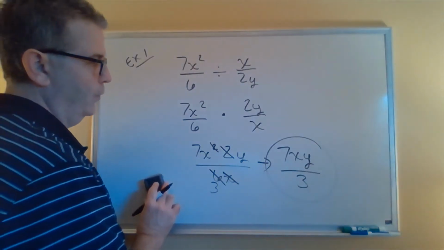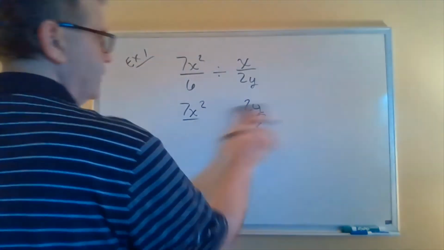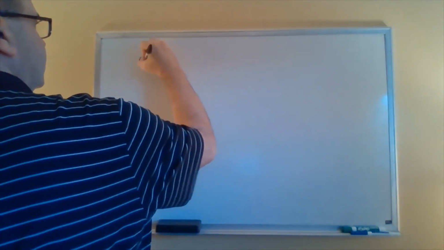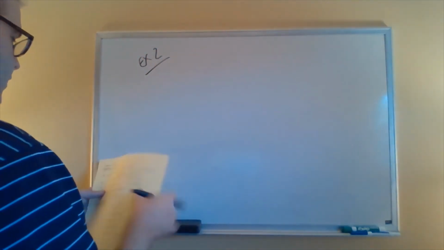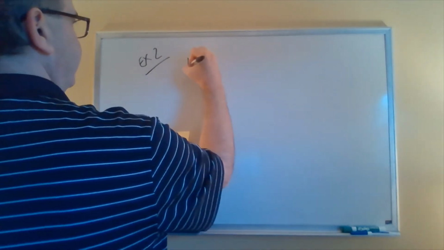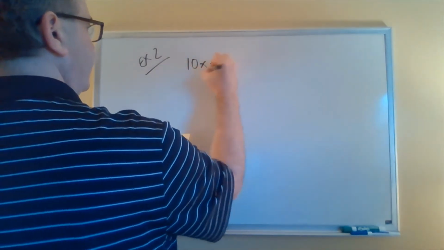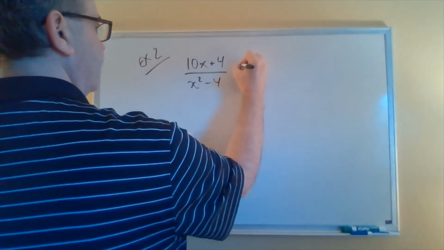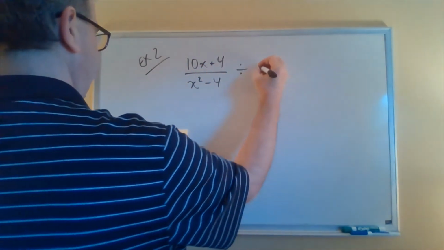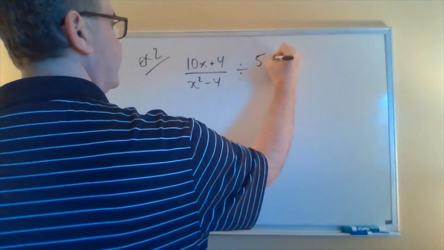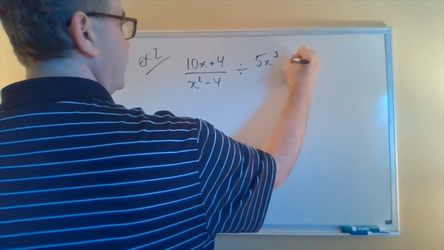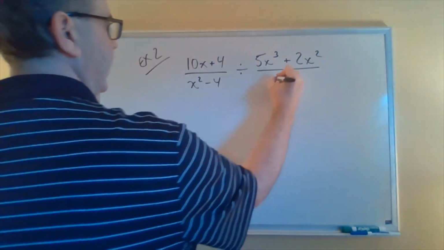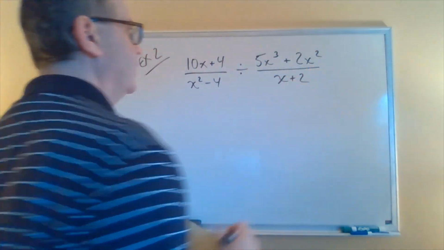Let's take a look at one more example. Example 2, you'll have 10x plus 4 over x squared minus 4, and we're going to divide that fraction by 5x cubed plus 2x squared over x plus 2.